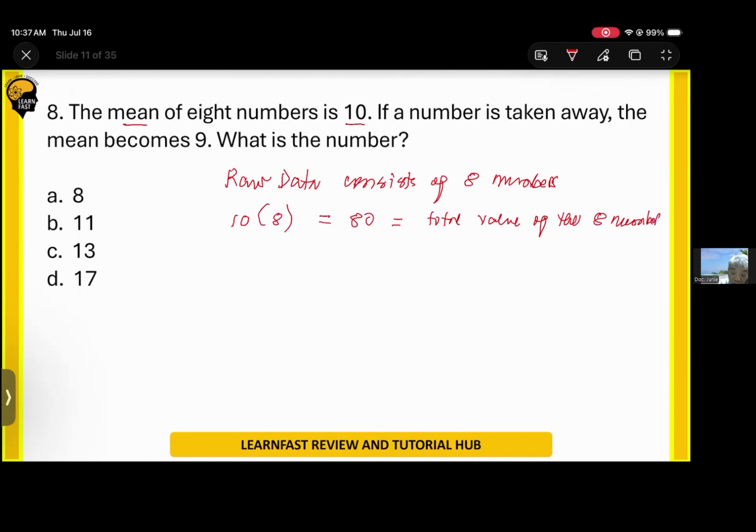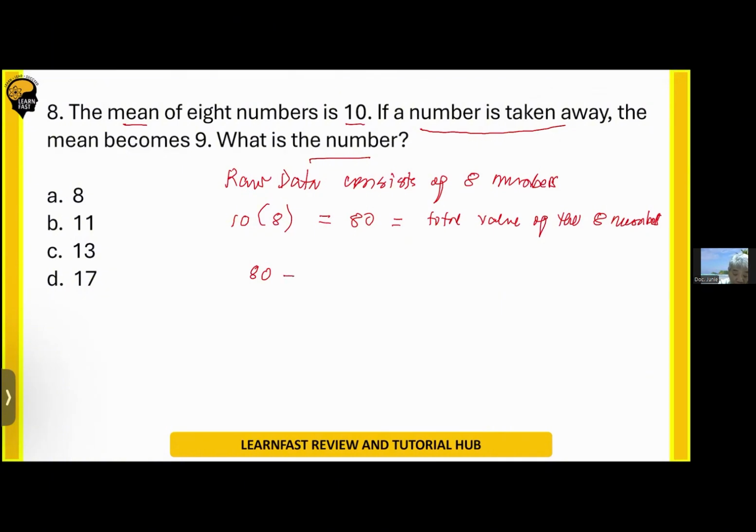Okay, so from that total, which is 80, it was stated that a certain number is taken away from it, and you're asked to find what is that number that was taken away from the 8 sets of numbers. So that would be x. Okay, so let x be the number that is taken away.